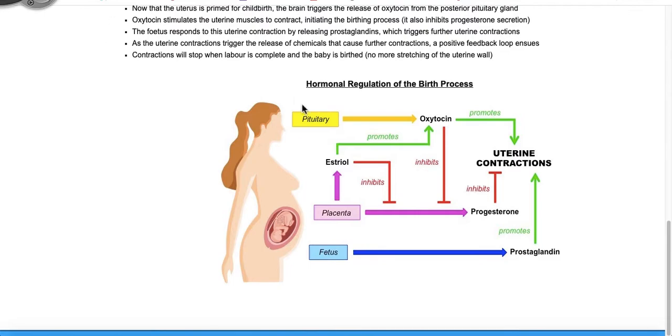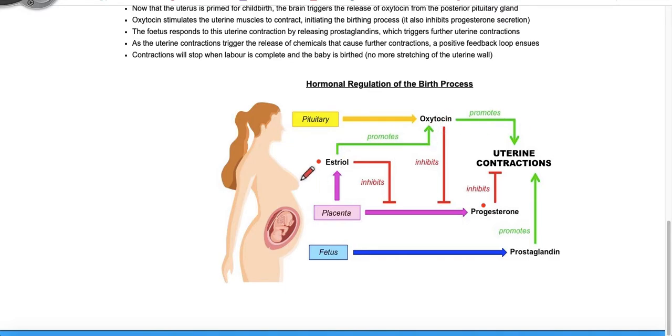So as the uterus contracts, what happens with the other hormones? We see here that the placenta is releasing estrogen, and the placenta is releasing progesterone. Remember that progesterone has maintained the endometrium, right? We want those high levels of progesterone to maintain that endometrium. But notice that as the levels of estrogen go up, the levels of estrogen promote oxytocin production.